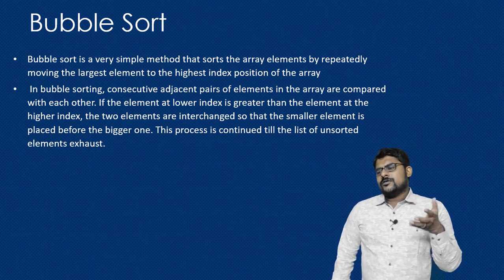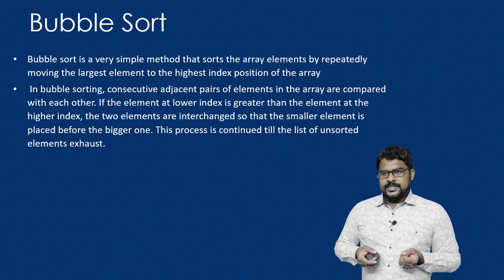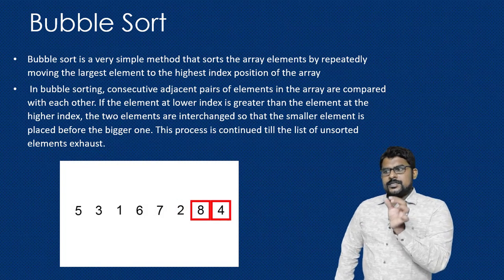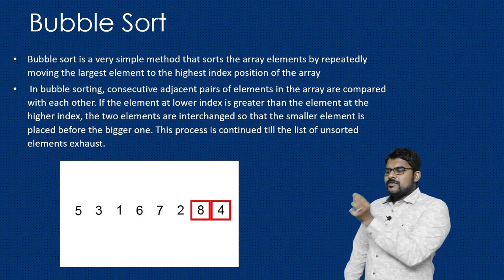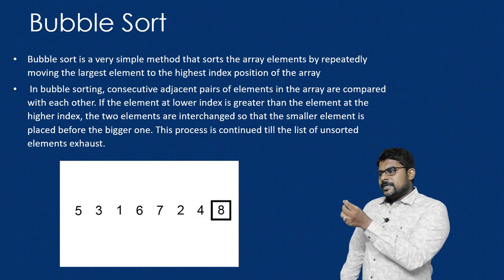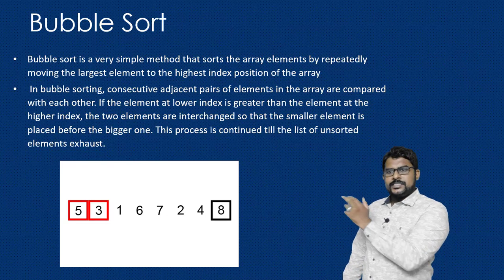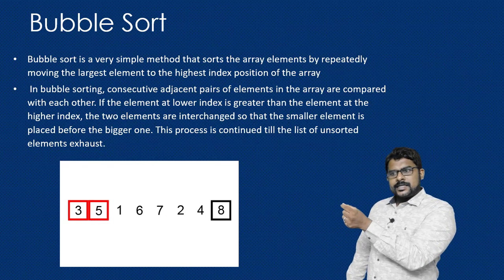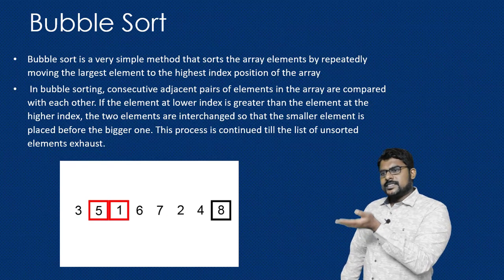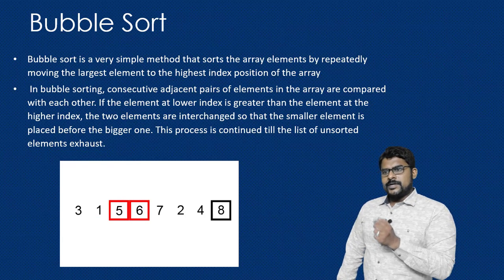Let us see how bubble sort actually sorts the data. In bubble sort we work with pairs of elements. Every time, the element with the lower index is compared with the element with the higher index, in consecutive pairs. If the lower index value is higher than the higher index value, these two elements are swapped.